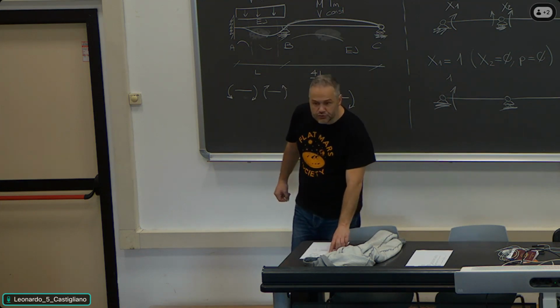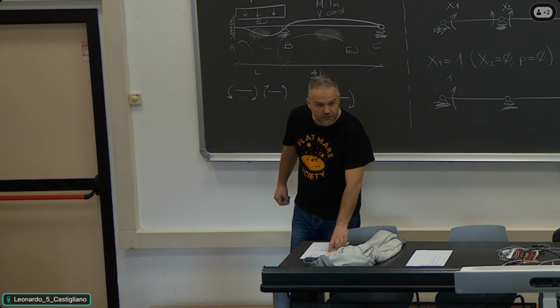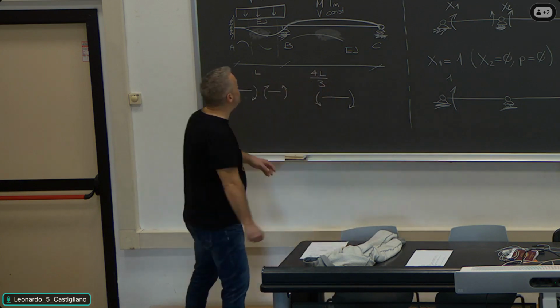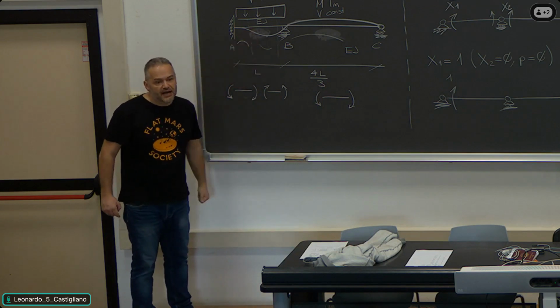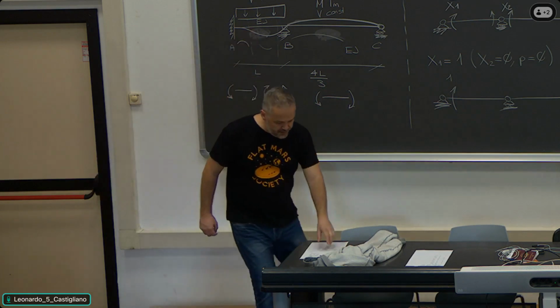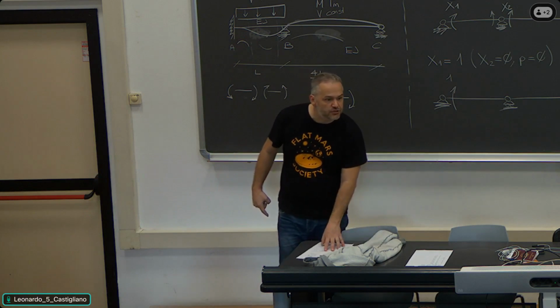The ratio between the two is 2. The first one is L over 3EJ, and the second is L over 6EJ. Look at the back of the page. That's the coefficient on the left. Okay? In the case of the first span, both the length and the bending stiffness are at the reference value, so we simply have to take these two coefficients as they are. Nothing has to be changed.